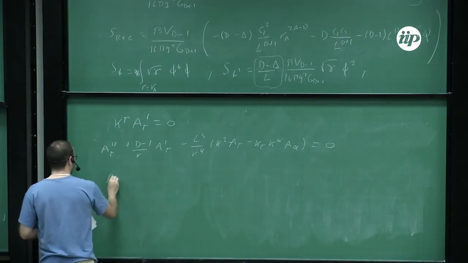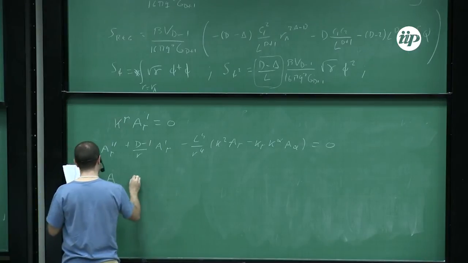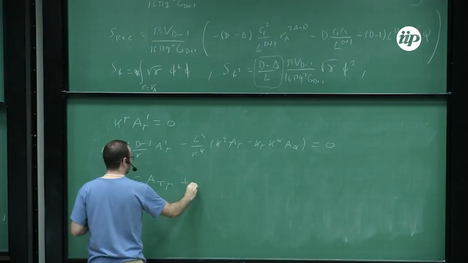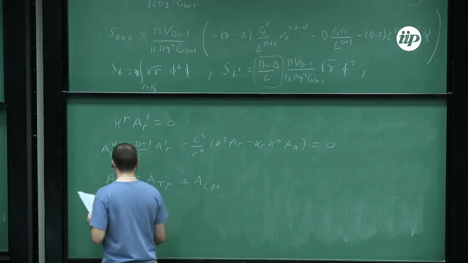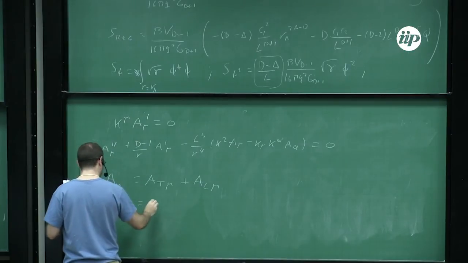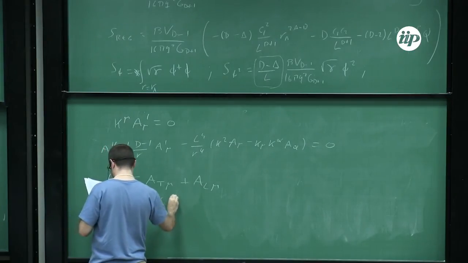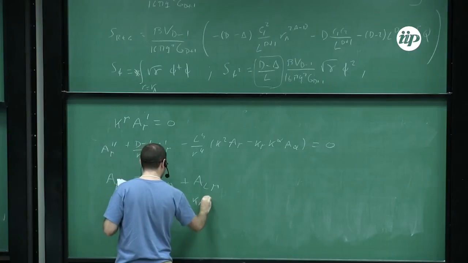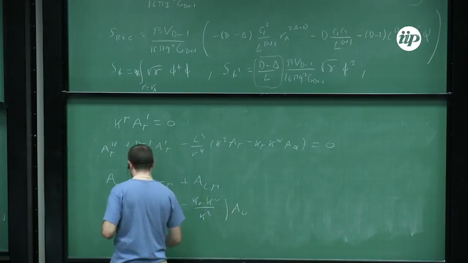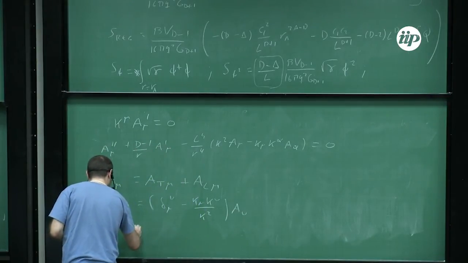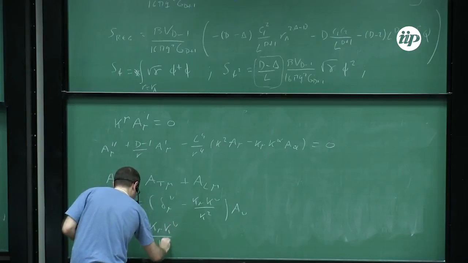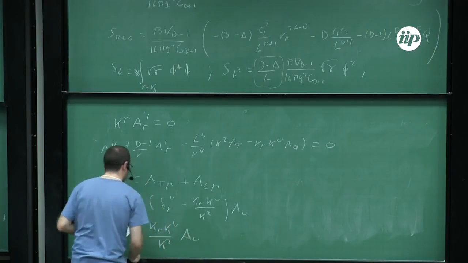So I'm going to split the gauge field in transverse with respect to the momentum and longitudinal components. And then the transverse component is defined as delta mu nu minus k mu k nu over k squared times A nu. And the longitudinal component is k nu over k squared times A nu. Okay?